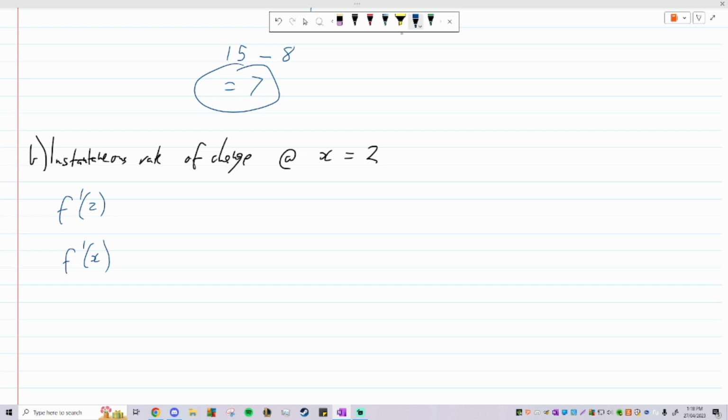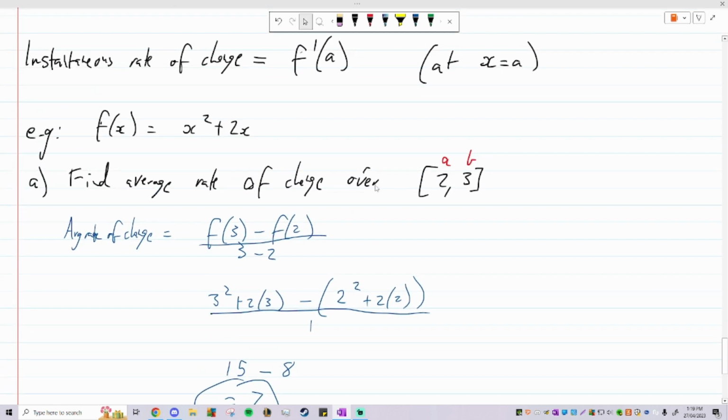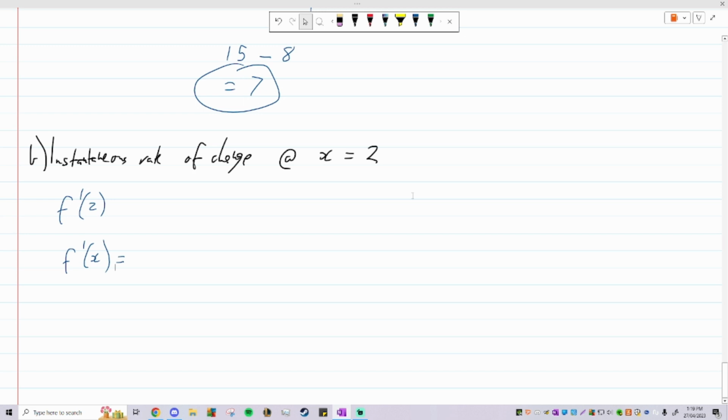To find f dash of 2, we need to start with f dash of x. Looking back at the equation here, hopefully that derivative is pretty straightforward. It's just going to be 2x plus 2. So now f dash of 2 here is going to be 4 plus 2, 2 times 2 plus the 2 there. So 6.